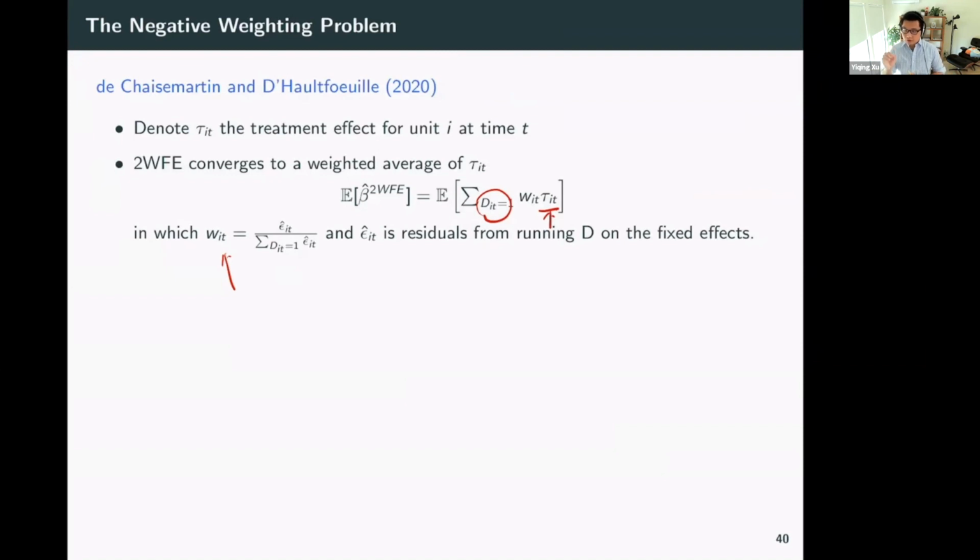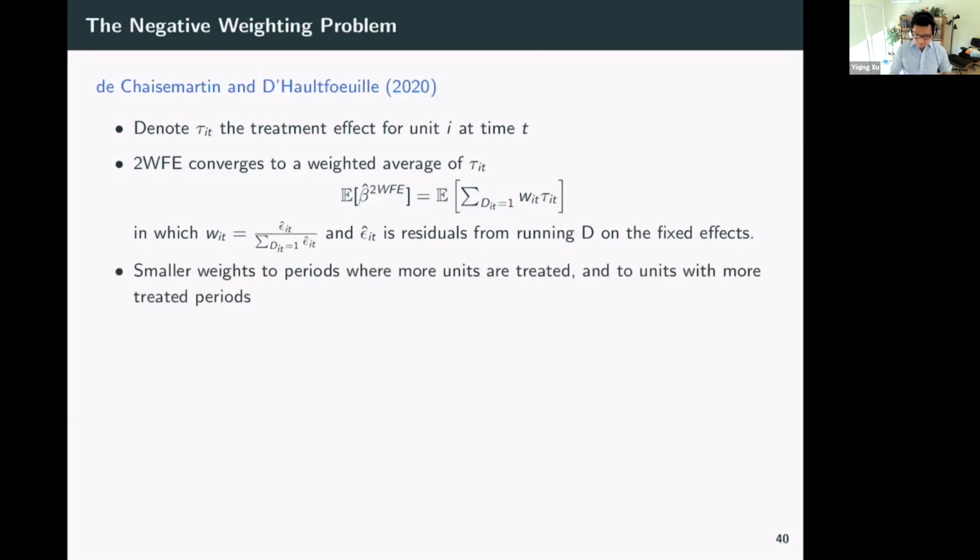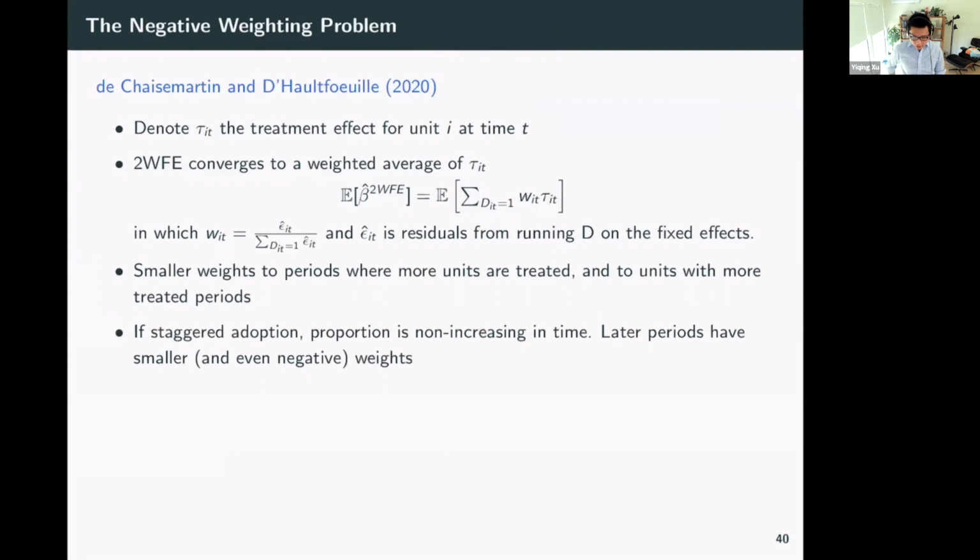Those are observations closest to a shift in treatment status, and in periods that have roughly equal size of treated and control groups. And smaller weights go to periods where more units are treated, and to units with more treated periods. In staggered adoption, the proportion treated is non-decreasing in time. Late periods have smaller and even negative weights.